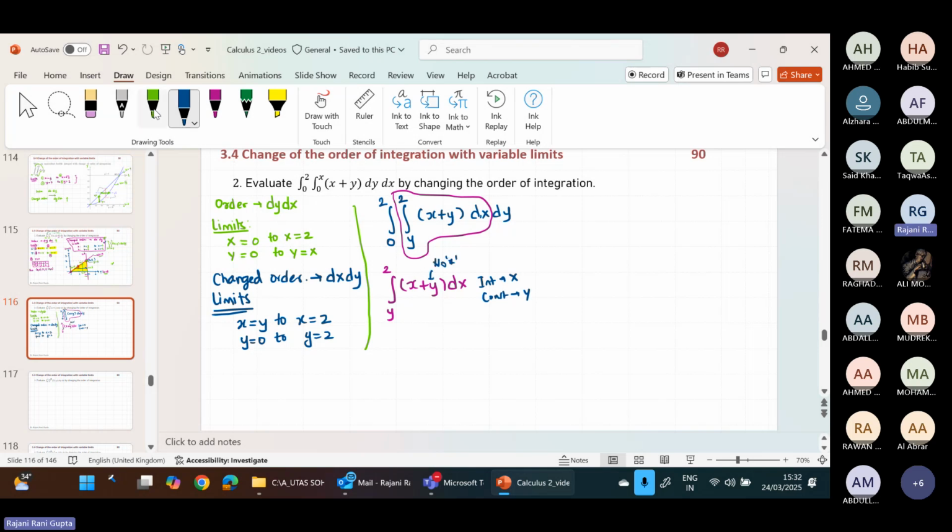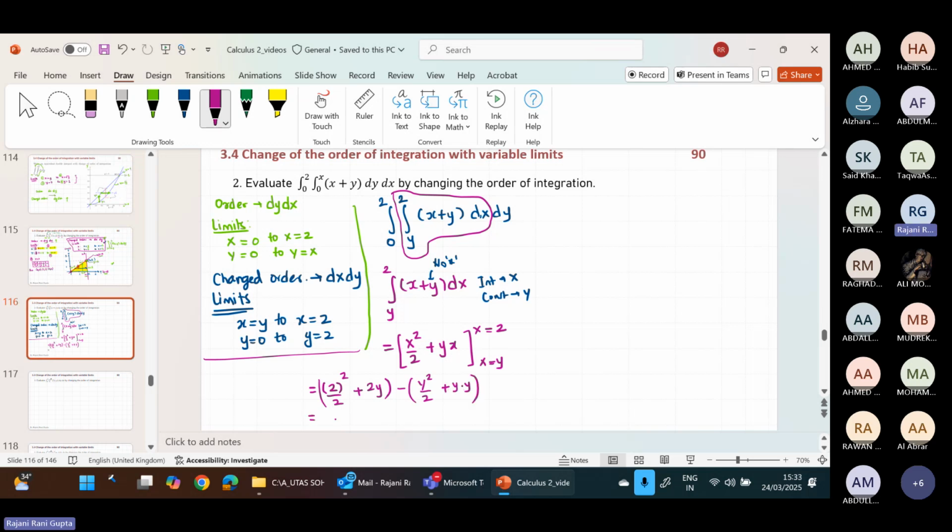So when you finish the integration, you will get x square over 2 plus y times x, substituting the limits y to 2. This gives you 2 power 2 over 2 plus 2y, minus y power 2 over 2 plus y times y.